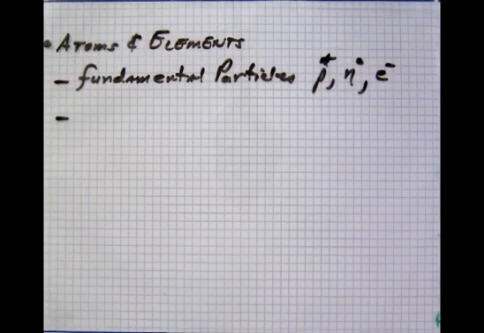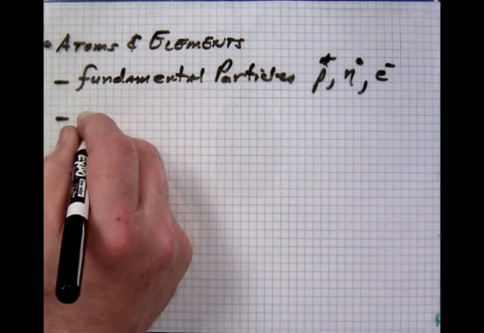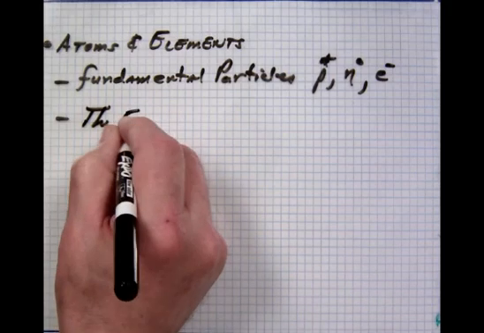Then we want to look at the structure of the periodic chart in terms of an element block. So I'm just going to note in here the element block.